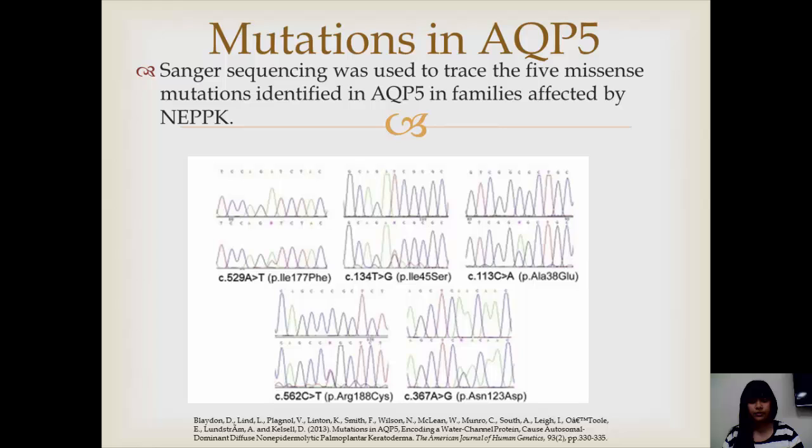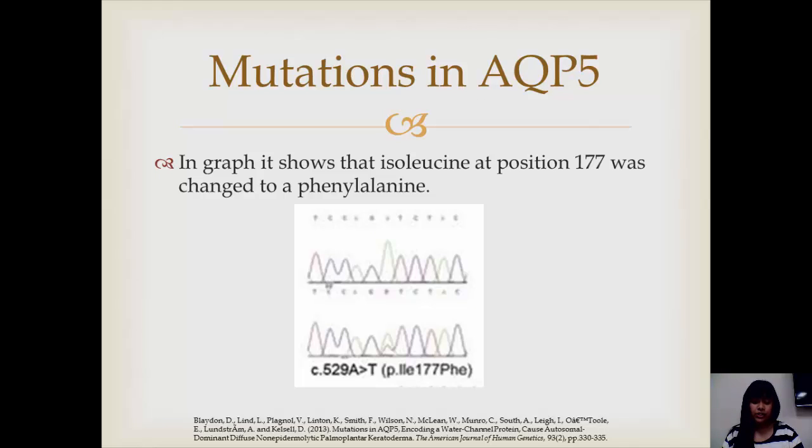Through Sanger sequencing, they have been able to track 5 missense mutations identified in aquaporin 5 in the families affected with PPK. So below are the 5 graphs from the results, and I will briefly go through the amino acid change that occurred at each graph. So in the first graph, it showed that isoleucine at position 177 was changed to the amino acid phenylalanine.